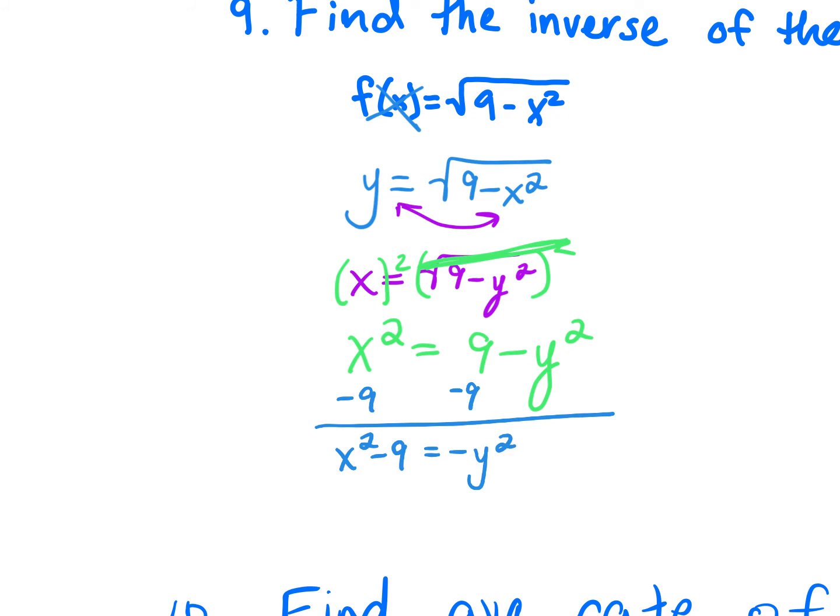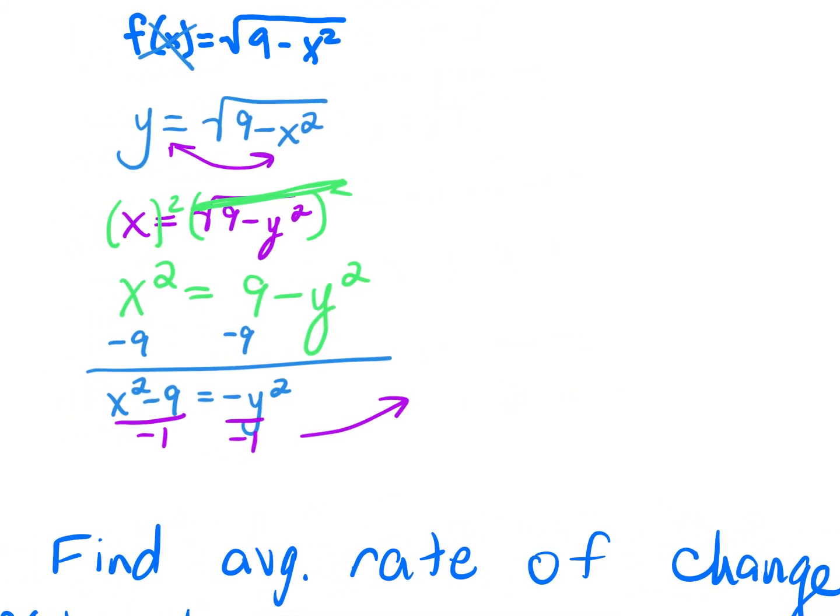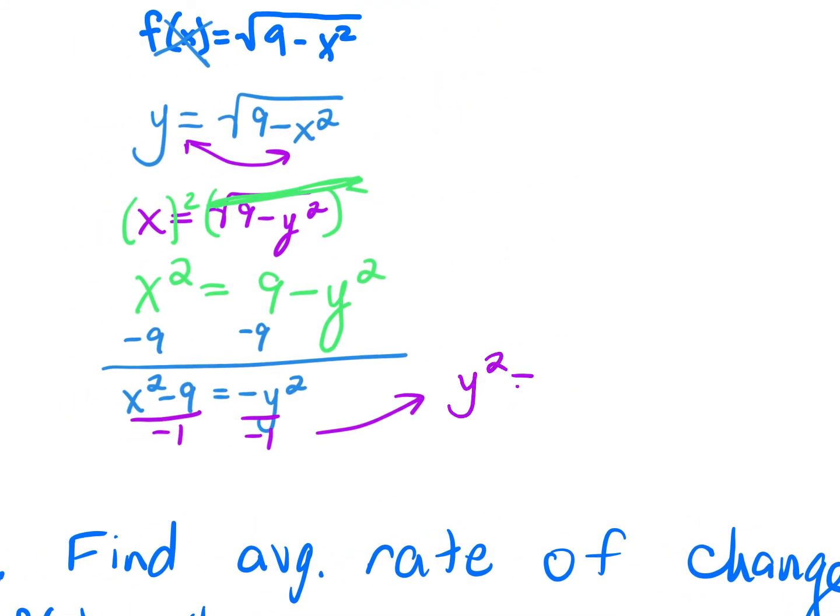Now what? Divide by a negative 1. Good. So y squared equals, what's another way I can write x squared minus 9 divided by negative 1? Negative x squared plus 9? Yeah. And then what's my last step? Take the square root of both sides.